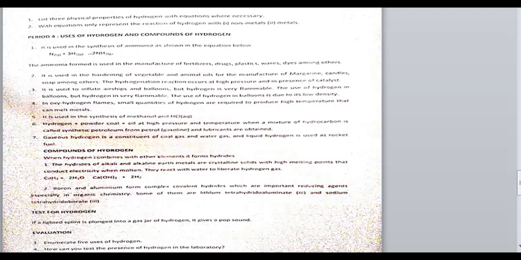Hydrogen, because of its low density, we use it in filling balloons. So those are the uses of hydrogen. You can check other uses from the notes you have before you.